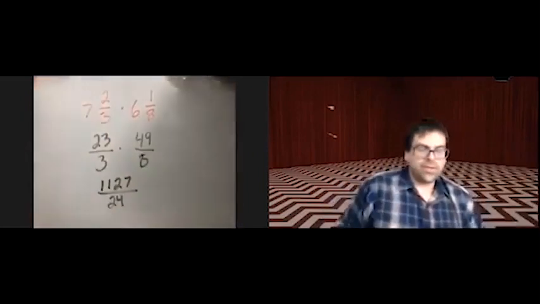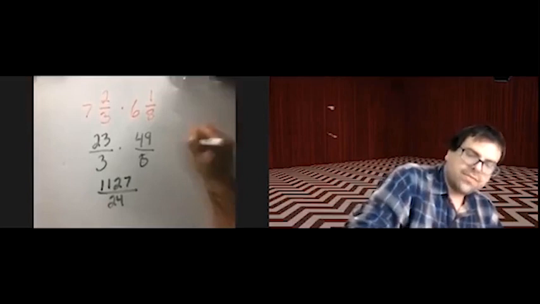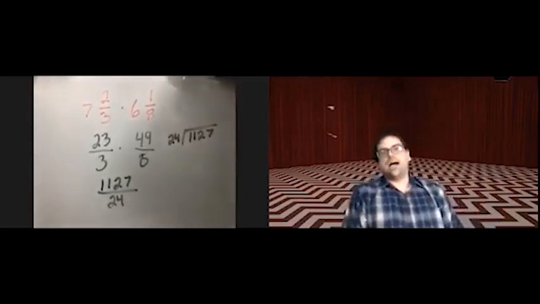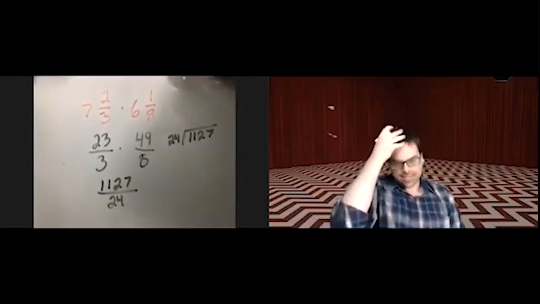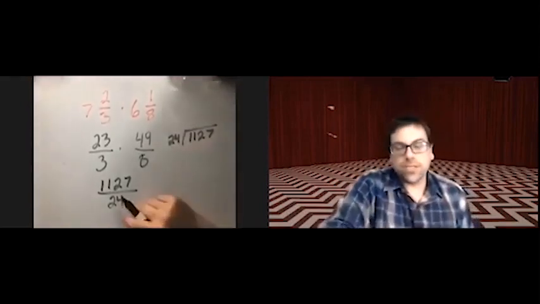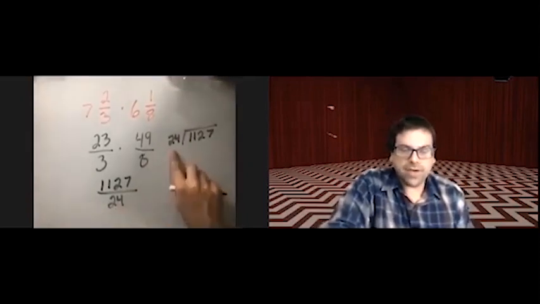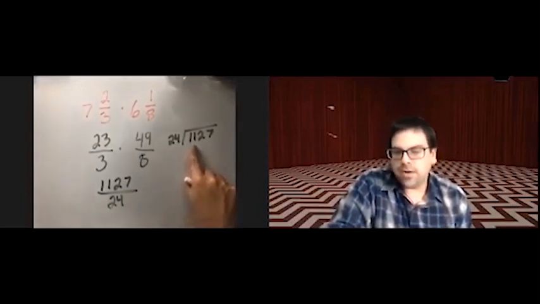We do that with division. 1127 divided by 24. Now you're seeing why we did so much work with division for the last test. We need it. 24 goes into 112. How many times? Well, that's about 25, which goes into 100 four times, and 112 is about 100.